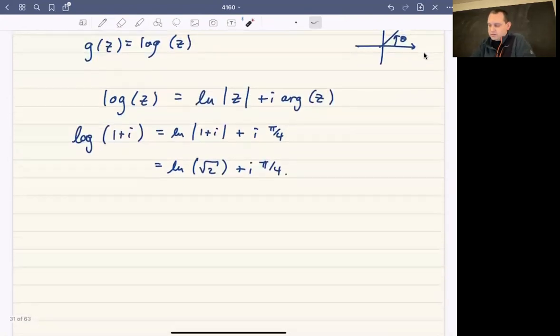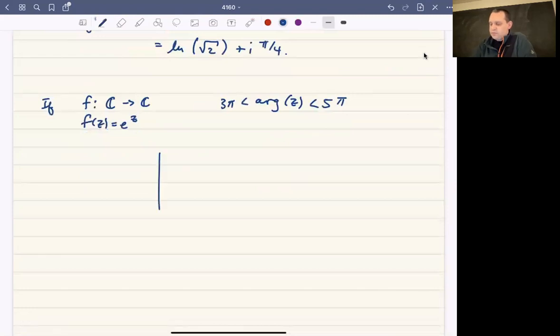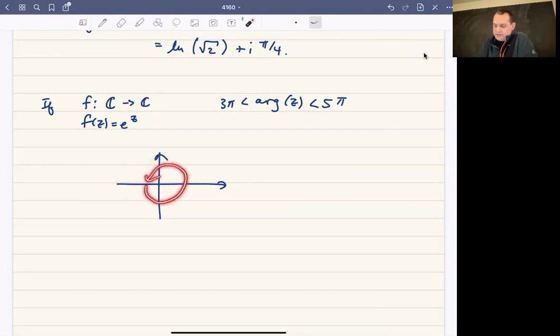I just want to point this out: if our exponential function was defined so that we had, say, our argument from 3 pi to 5 pi, just to do something silly, then what this would mean is that we're still excluding this value. We would go from 3 pi to 5 pi. That's how that would work.